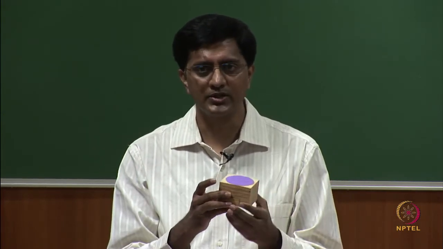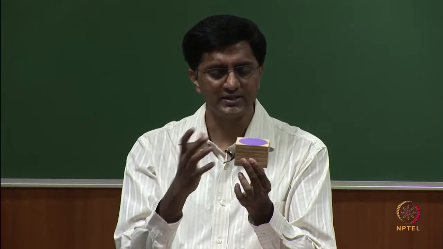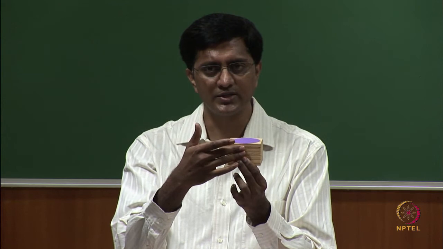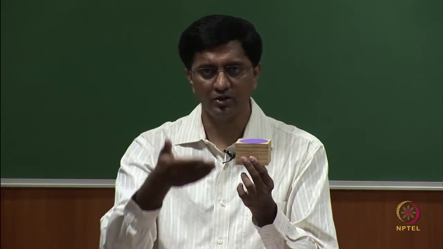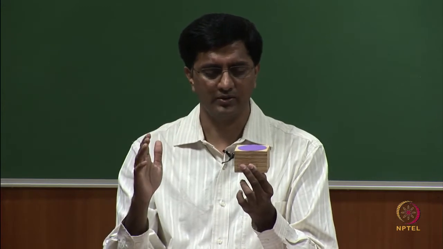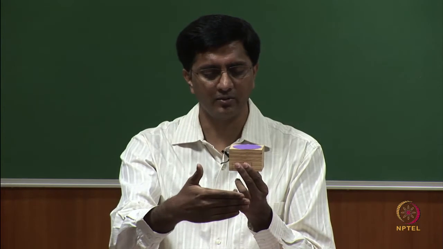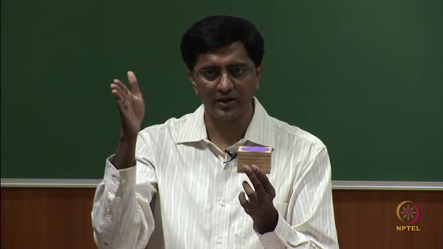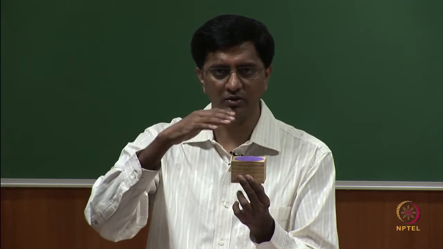Now, what I am trying to say is, for example, this object has 6 faces and all of those faces are parallel to at least one of these horizontal, vertical or the profile plane. So, for example, the front view is parallel to the vertical plane and the side view is parallel to the profile plane and top view is parallel to the horizontal plane.